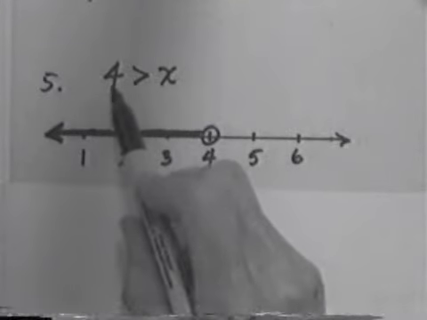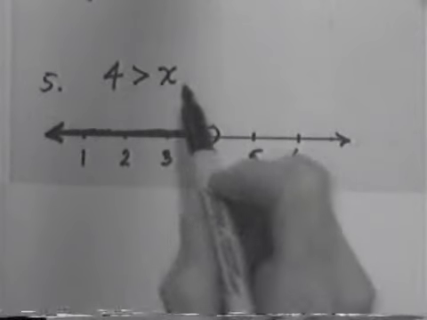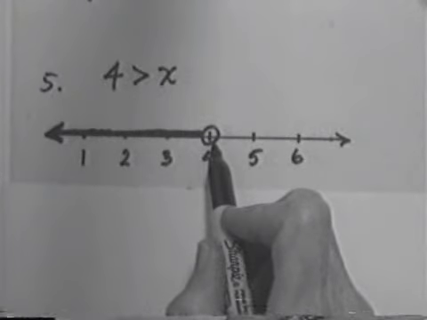Now, you notice that in this last example, we had 4 greater than x. 4 is greater than x made us shade values that are less than 4.